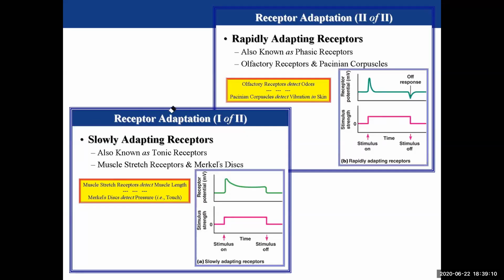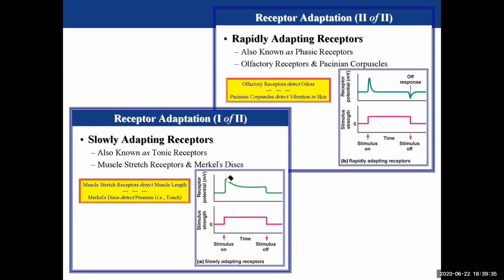Okay, let's start with this first. Receptor adaptation. There are certain peripheral receptors that are capable of remaining active. This is the green tracing.